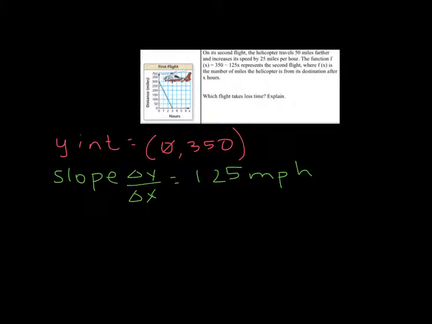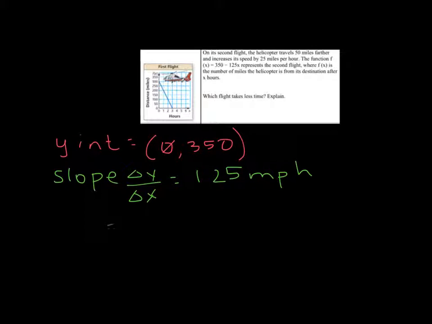So it wants to know, which flight is going to take less time? And they want us to explain. My first flight took 3 hours, right? We noticed in our graph that it took us 3 hours. Well, this time they didn't tell us how long it took. So we have to use the information that they have given us to figure out how long this flight would take.